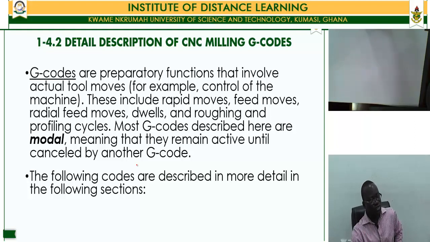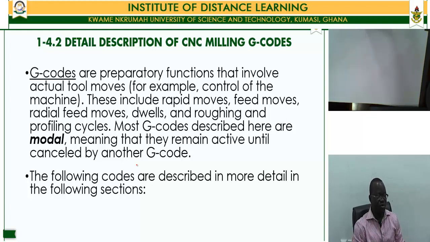So we're going to have a detailed description of the CNC codes very shortly. Now, when we talk about CNC codes, we generally say that G codes are what we call the CNC milling codes or turning codes, called the G codes.